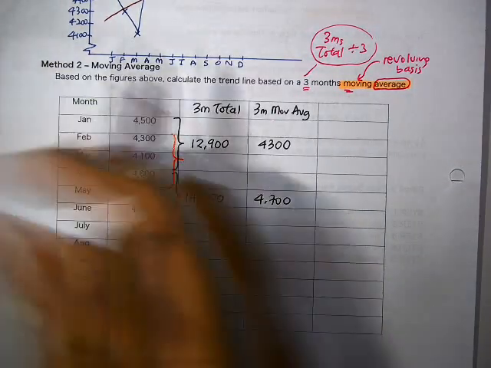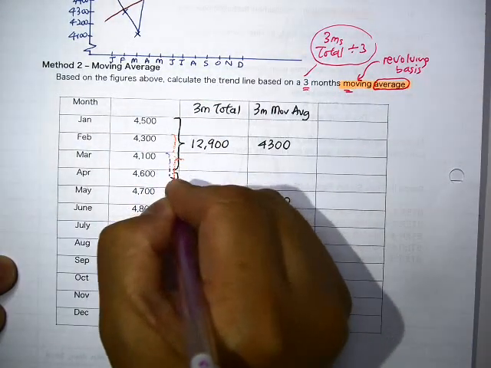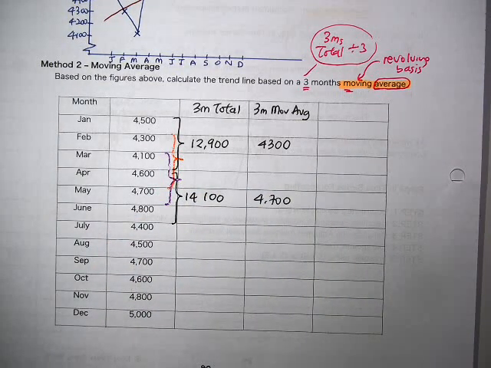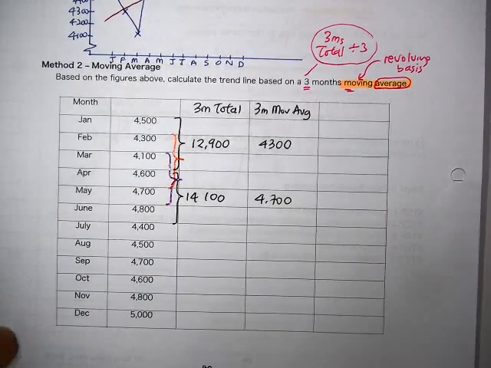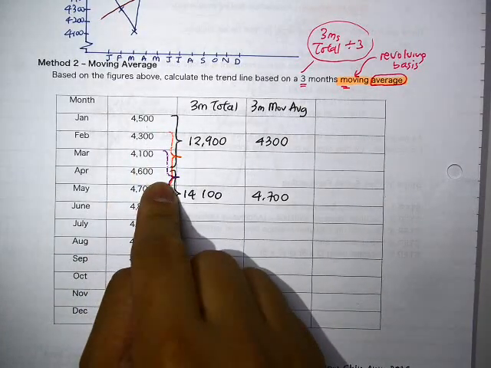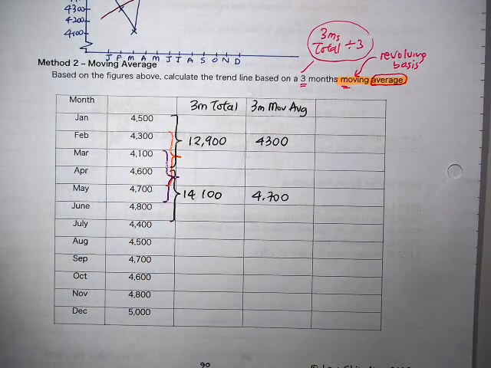We want an average that moves on. That's why it's called a moving average. So you just keep repeating: add up the 3 months and then divide by 3. All right. So 4,003, 4,001, 4,006.